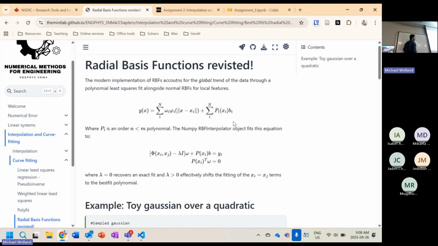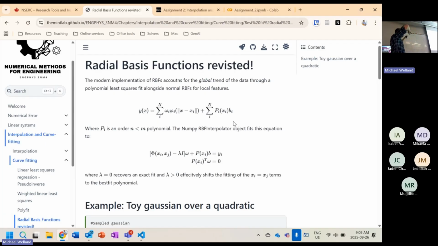So the idea with the modern implementation is you look at your data and you fit a super low order polynomial to establish the general trend of this data. So when you go into SciPy and you look at the things, there's going to be a parameter called degree. That's the degree of this best fit polynomial that you're using to baseline things.